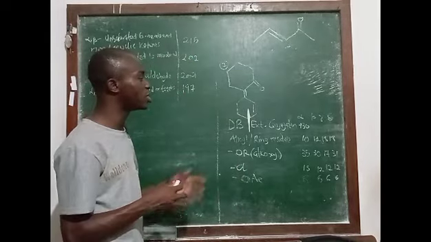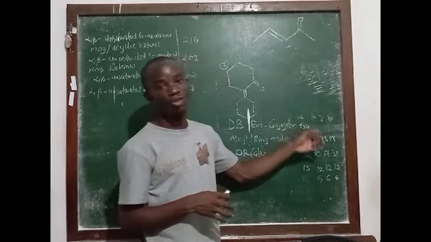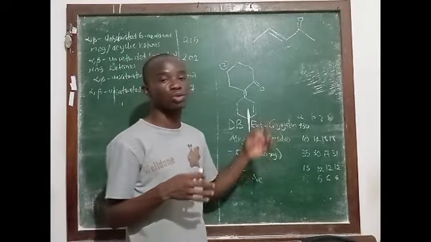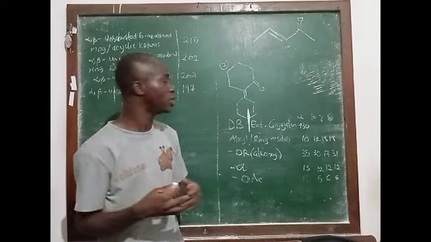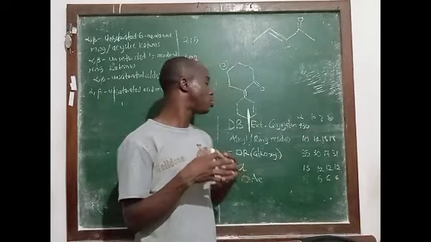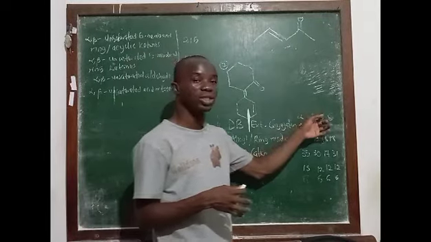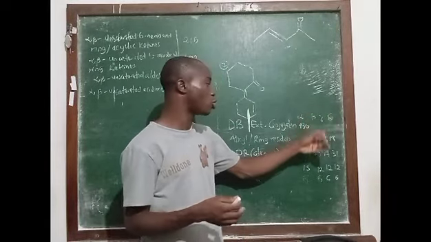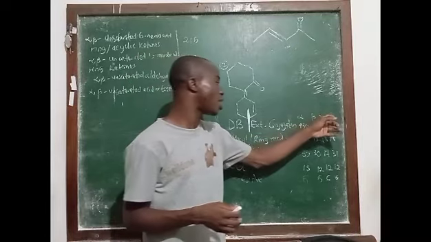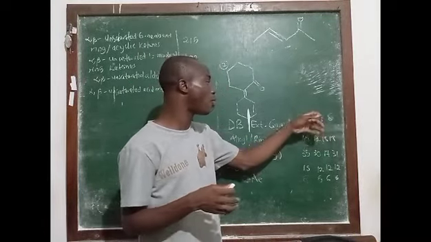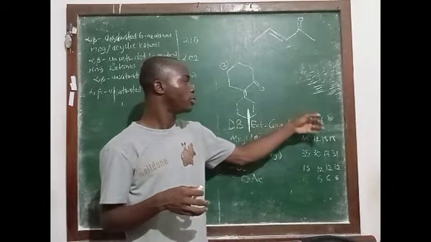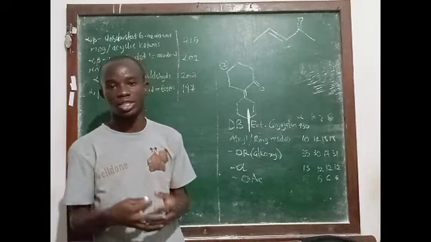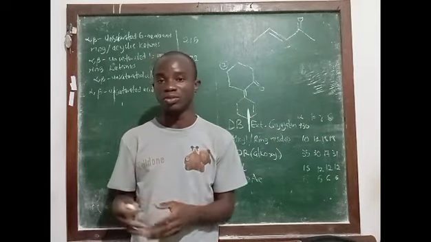So in this case, if the alkyl residue is at the alpha position, the value you are going to add to the parent value of the compound is +10. If the alkyl residue is at the beta position, you are going to add +12. If it is at any other position apart from alpha or beta, you add 18 to the parent value of the given compound.